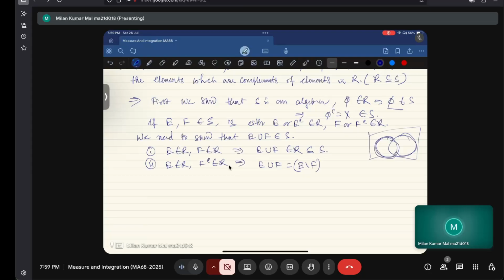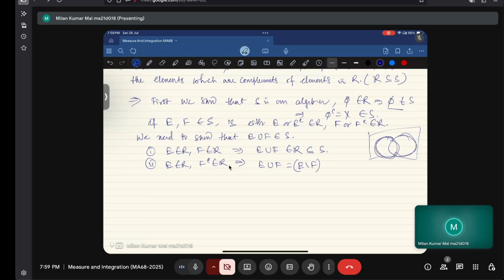S is closed under union, difference, and symmetric difference. So F is there, so E intersection F complementary is there, and E union F complementary is there.